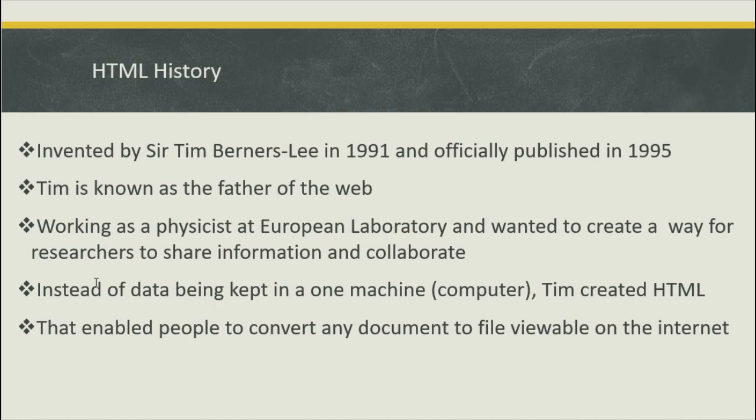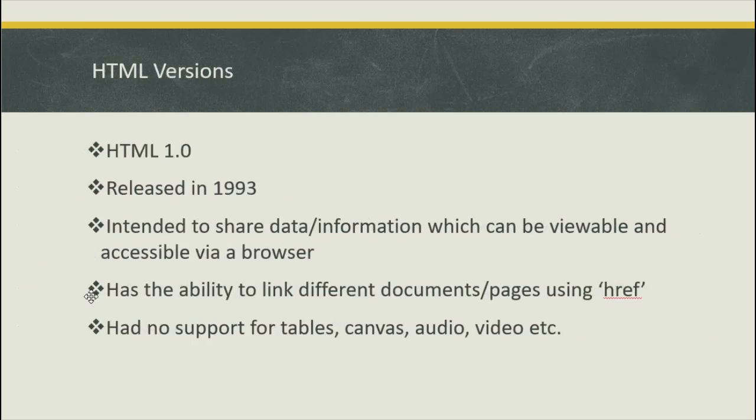So now we have understood the history. Now let us move on to the versions. Just a brief explanation of the versions, right, up to today. So we have HTML 1.0, which was released around 1993, and this was only intended to share data or information that can be viewed and accessed via a browser.